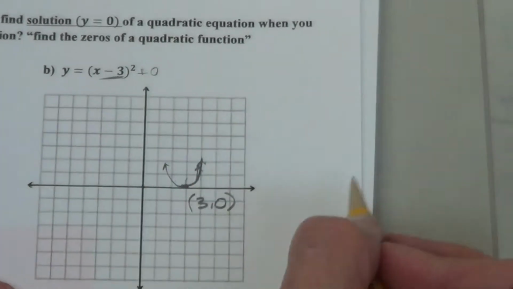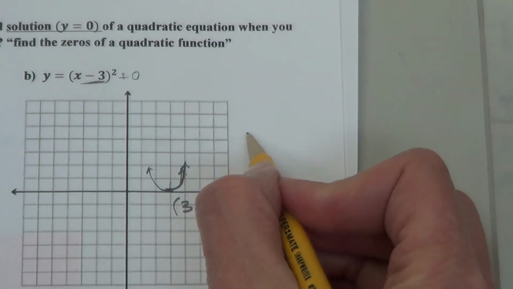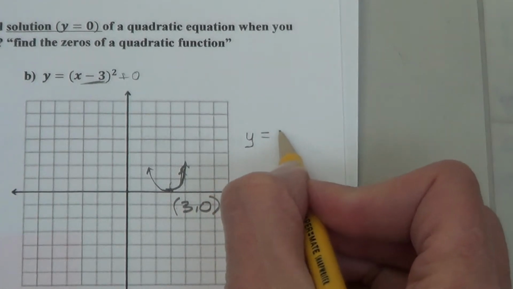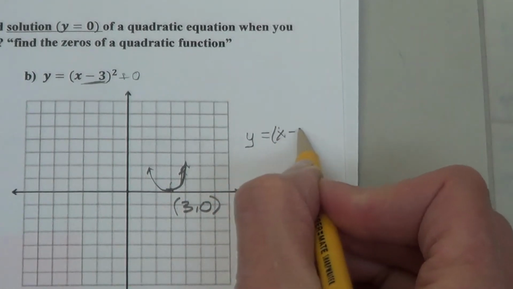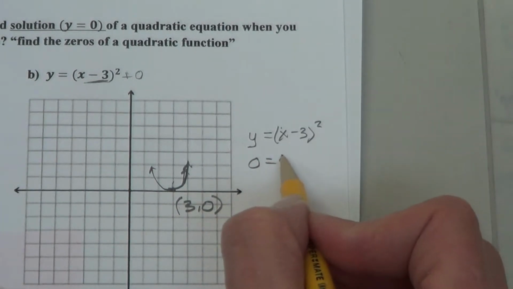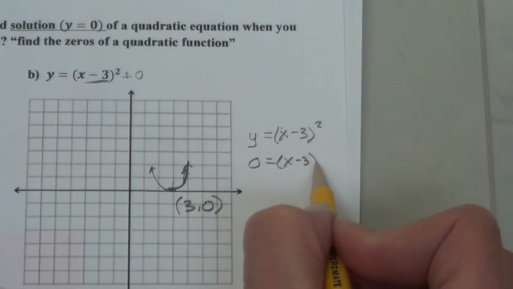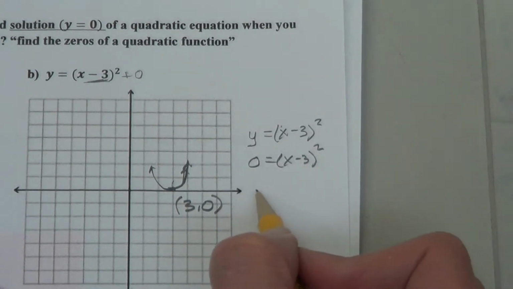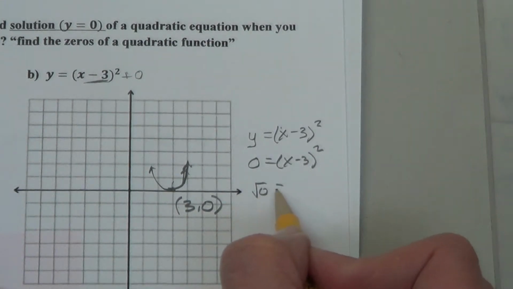To show that algebraically, we would have y equals x minus 3 squared. Set y to 0: x minus 3 squared equals 0. We need to get rid of that square, so we take the square root of each side.